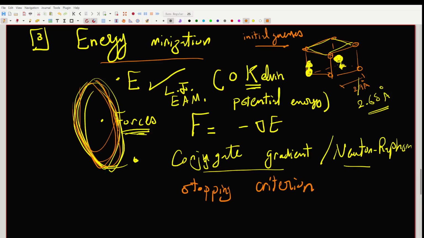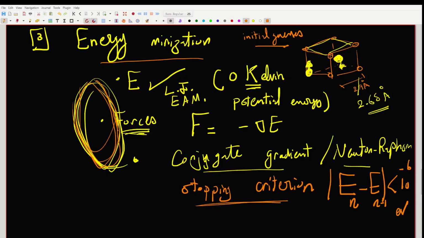For example, when the absolute value of the energy at iteration n minus the energy at iteration n minus 1 is less than maybe 10 to the power negative 6 electron volt, then you stop your iterations. Every software and every numerical technique has its own intricate details about how you decide the stopping criterion, and we will discuss some of these ideas in the exercises.